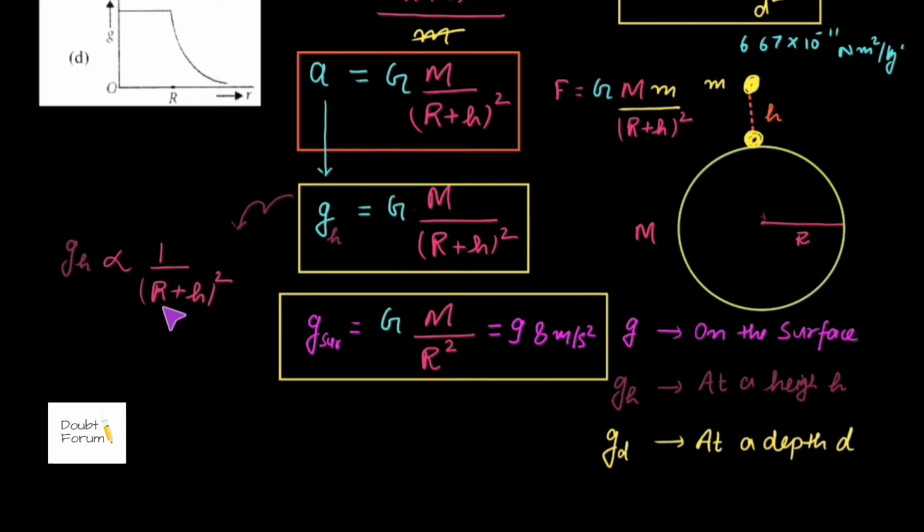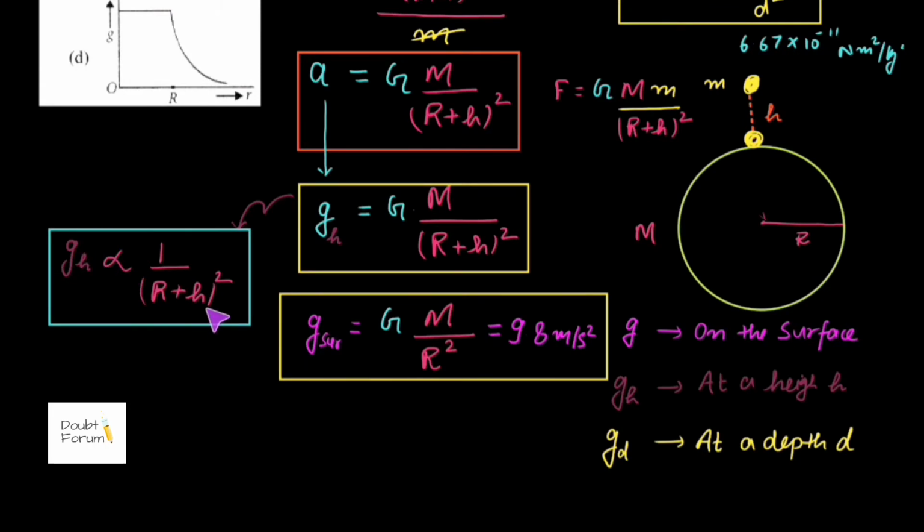Although capital R is a constant term, we cannot write it separately because it is with the height h. And the value of h is a variable. It will keep changing as we move away from the surface. So it is clear that the acceleration due to gravity is a function of height. This equation is representing the acceleration due to gravity at a certain height h.